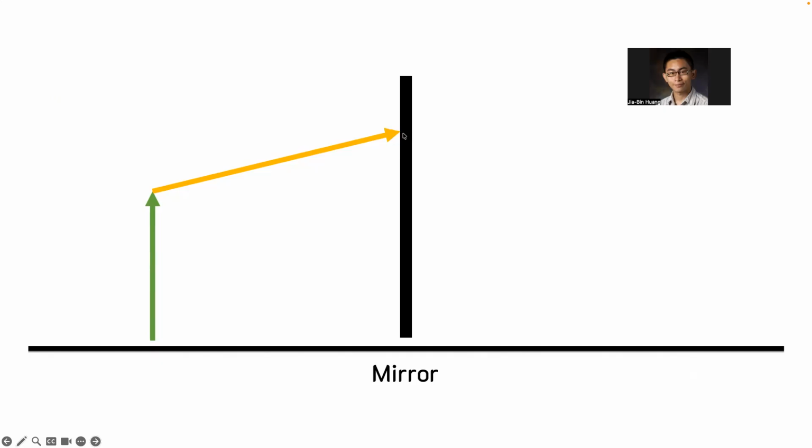If it's a planar mirror, basically a single flat plane, the light ray will bounce off through this angle. Okay, physics quiz: what is that property called?